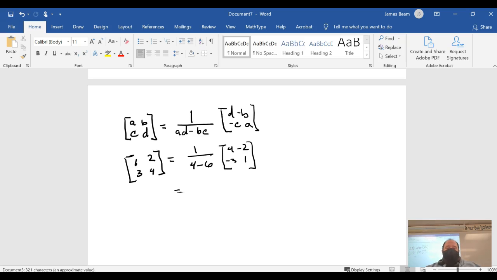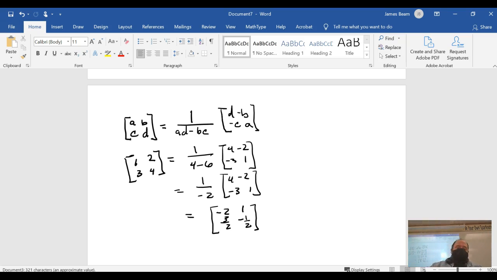So this is going to give me 1 over negative 2 times 4, negative 2, negative 3, 1. That's going to be positive 1, 3 halves, negative 1 half. Should be the inverse for that matrix.